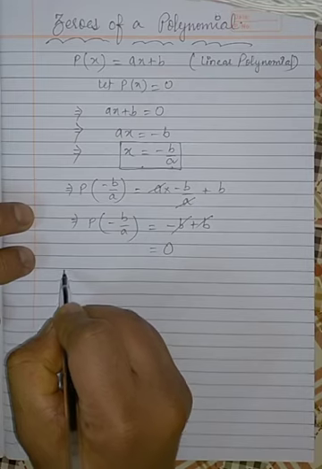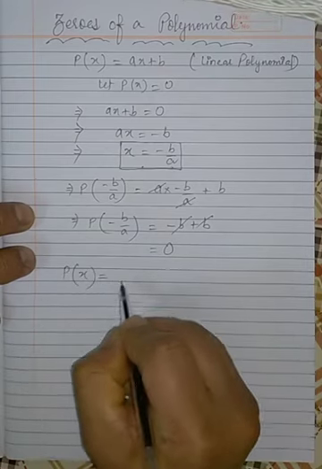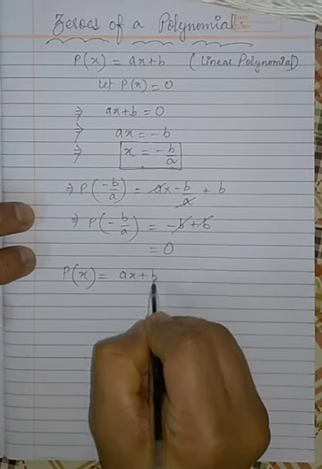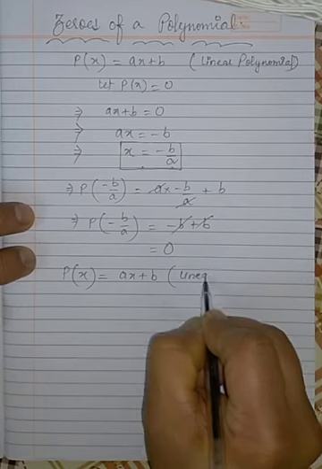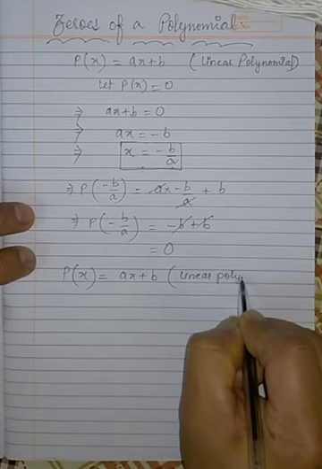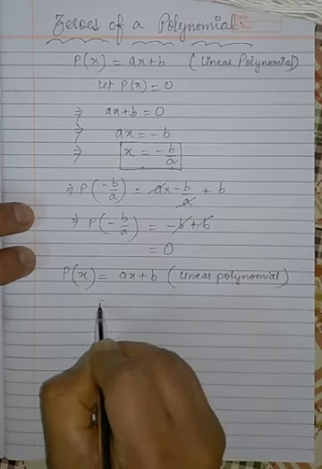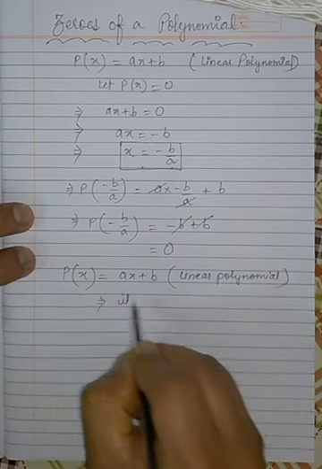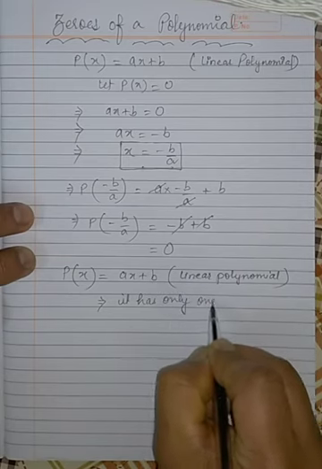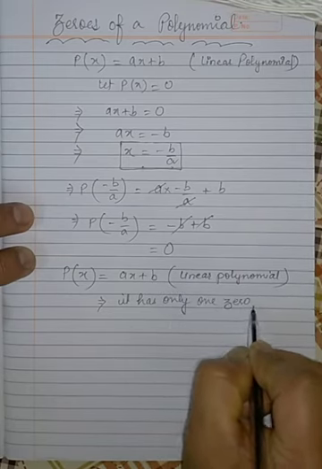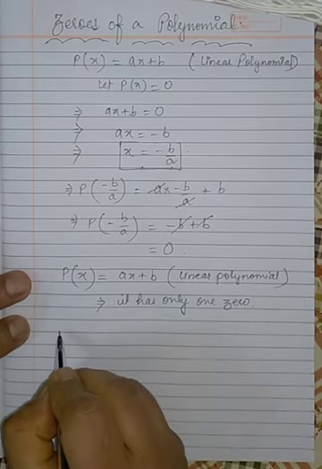That means if we are given a linear polynomial p(x) is equal to ax plus b, then it has only one zero. As we have seen, it has only one zero.